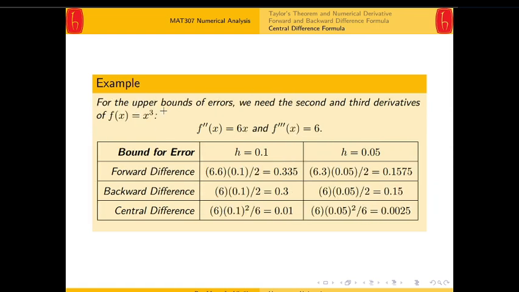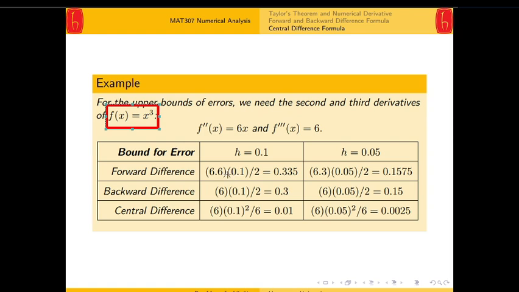Okay, and also let's check the upper bounds for the errors. We need the second and third derivatives of x cubed to approximate the upper bounds for the errors. So the second derivative will be 6x, and the third derivative will be 6. For the forward difference formula, the upper bound was M times h divided by 2. What is M?